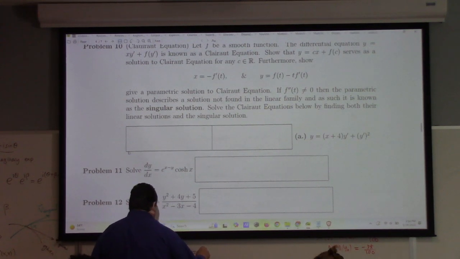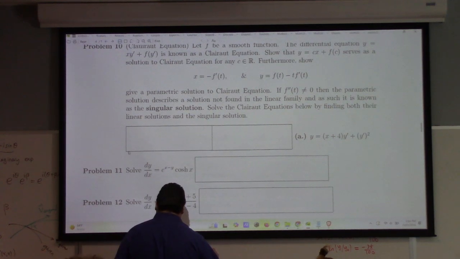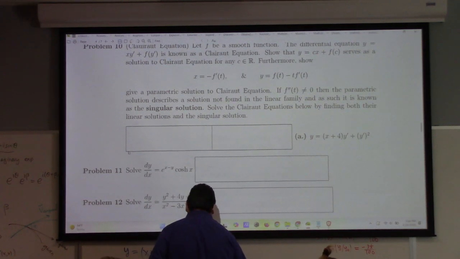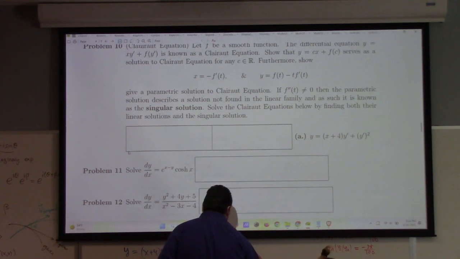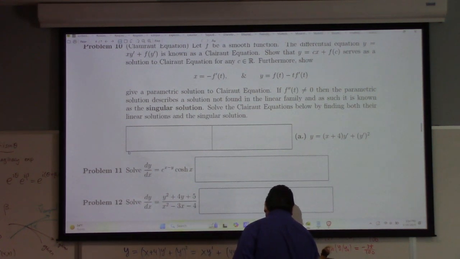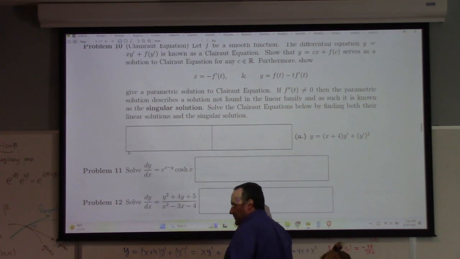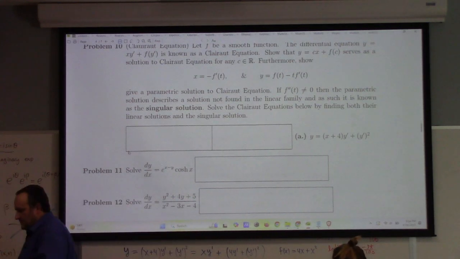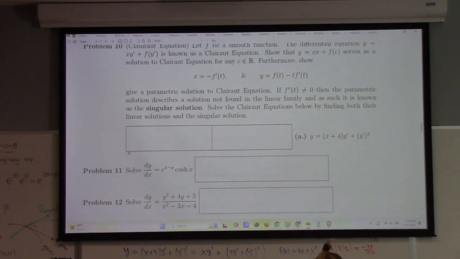So if we reformat this, it's x times y prime plus parentheses 4y prime plus y prime quantity squared, right? So this whole animal right here is what we think of as f of y prime. So if I had to write that instead as a function of x, we're looking at 4x plus x squared. So pretty much you just go from there, use that, and then you follow the instructions in the problem statement to construct the solution like we did in class. That's basically it.